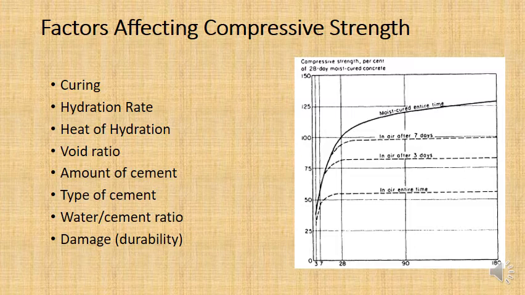Now, the amount of cement is very important. It's not necessarily just the case that the more cement you use, the stronger the concrete will be. Obviously, if you don't have enough cement, you're not going to have all of the aggregate particles binding together, and that's an opportunity for the concrete to break.